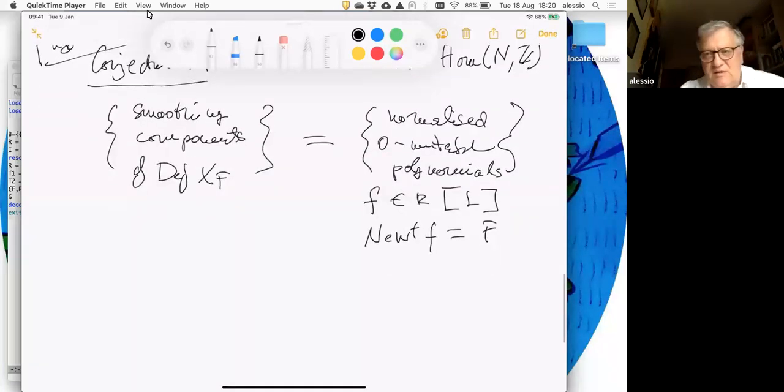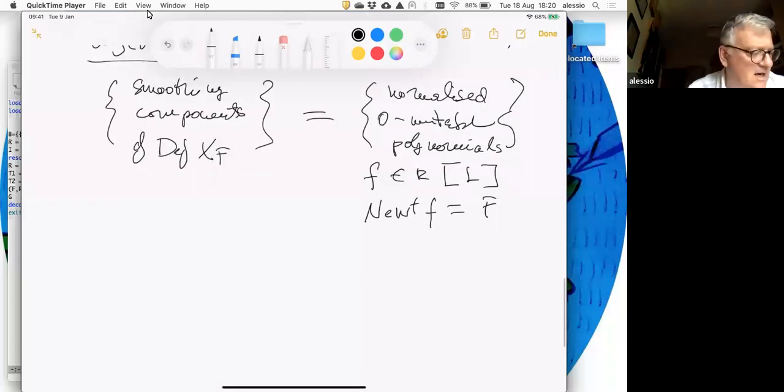The message here is that it's going to be something easy from combinatorics. Nothing terribly difficult in there.